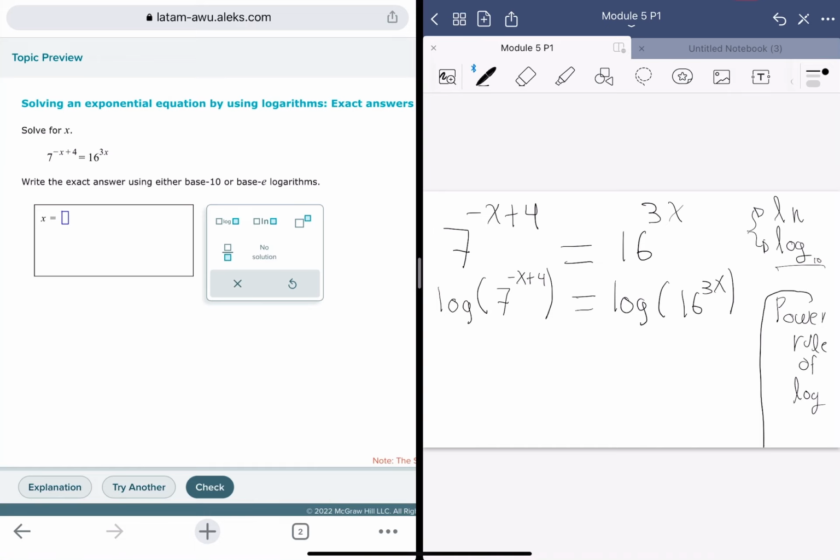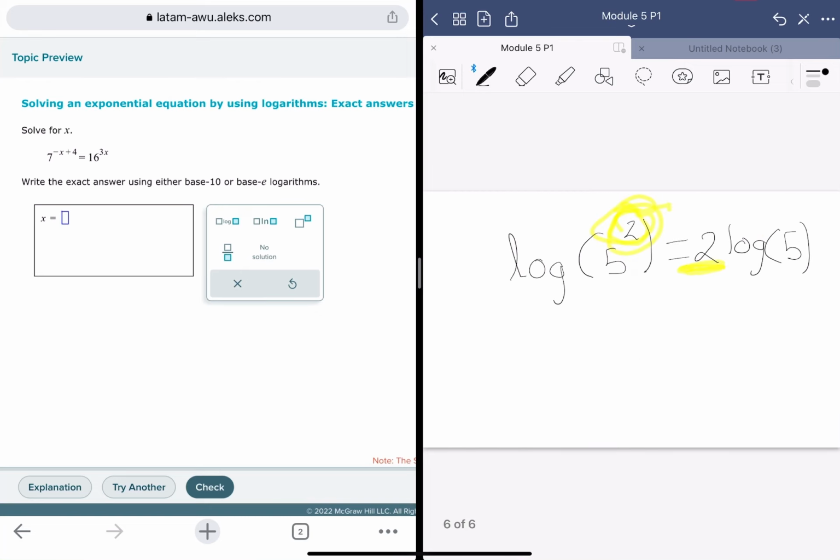If I apply that rule, I'm going to end up with minus x plus 4 multiplying logarithm of 7, and this is equal to 3x multiplying logarithm of 16. That is just because I applied this rule. I took the exponent down. This is the power rule.